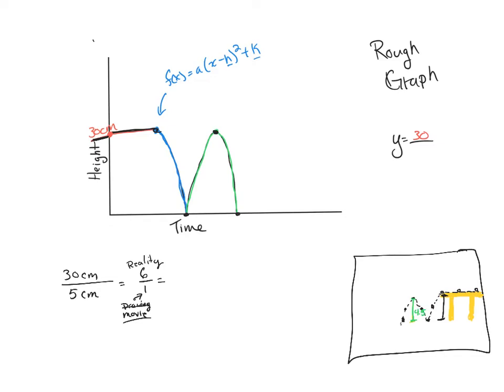So I know if my proportion is going to be 6 to 1, if I got 4.5 for my movie, and I want to figure out what this is going to be here, I'm going to multiply 4.5 times 6. So x is going to be, when I multiply that out, 27. So I know that the height of this is going to be roughly about 27 centimeters.